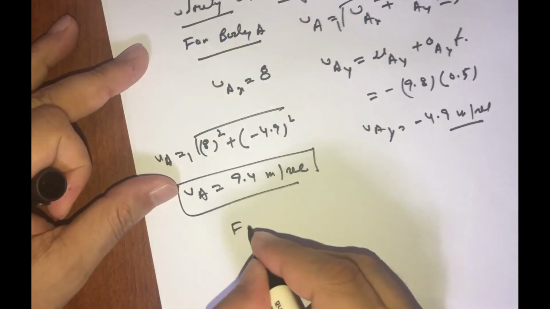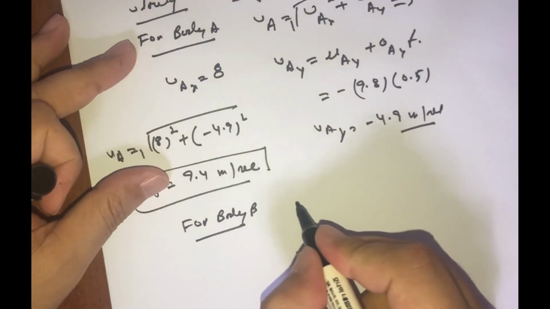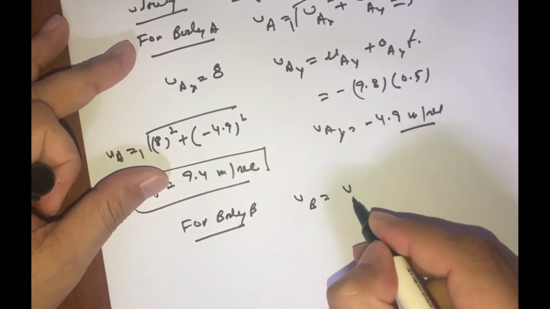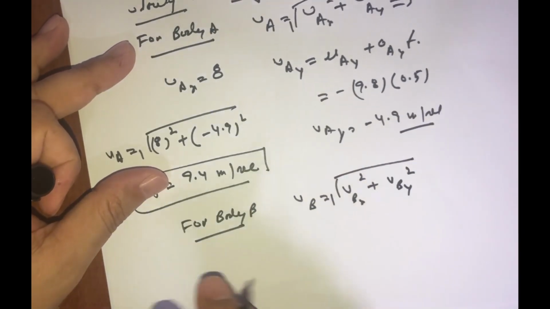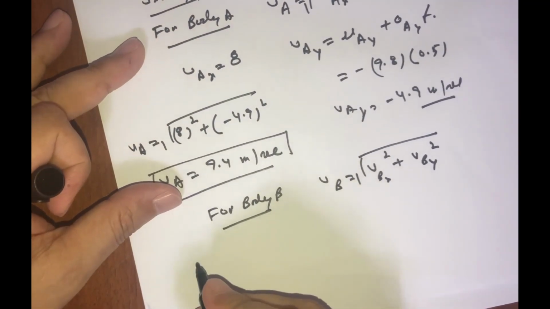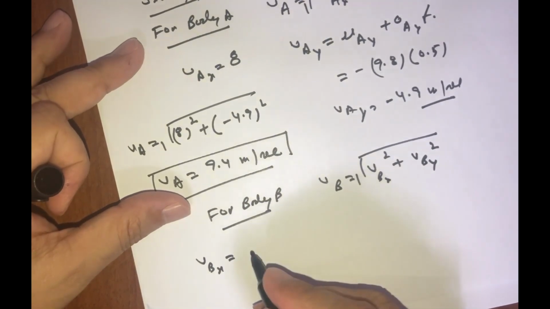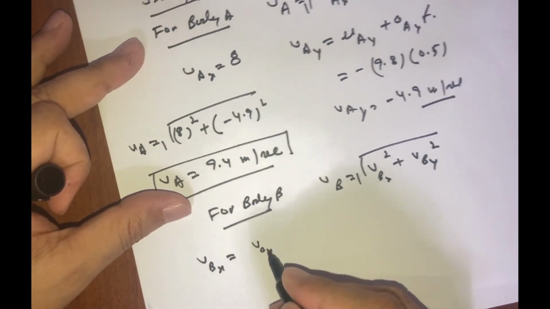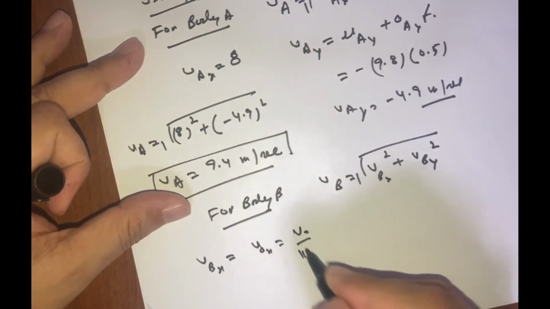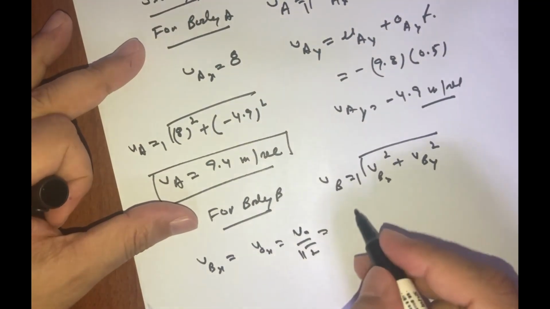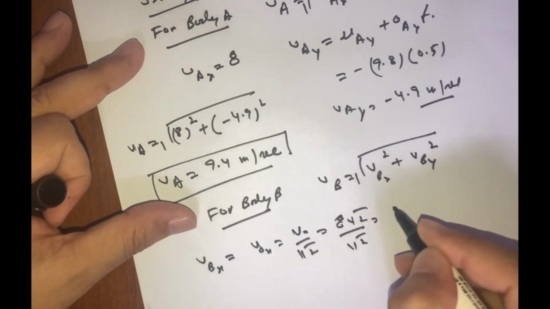Similarly, we can do this for body B. For body B, we can write VB is equal to the square root of VBX squared plus VBY squared. VBX is equal to Vx, which was equal to V0 over root 2, and V0 we already know is given as 8 root 2, so this will be equal to 8.